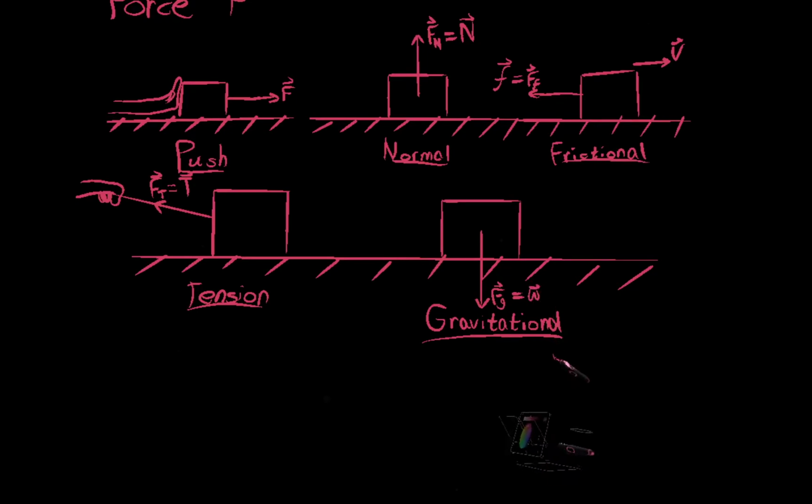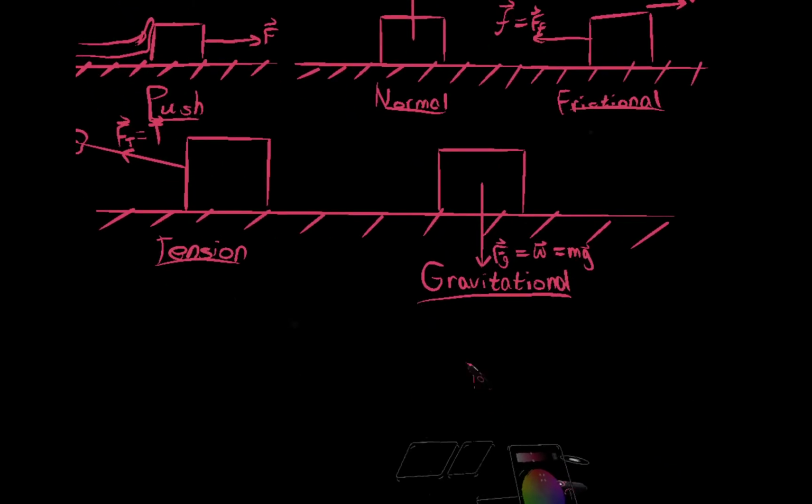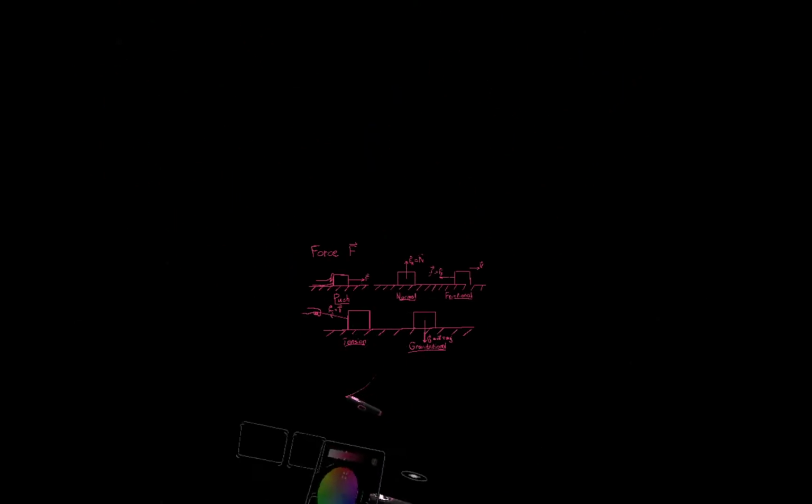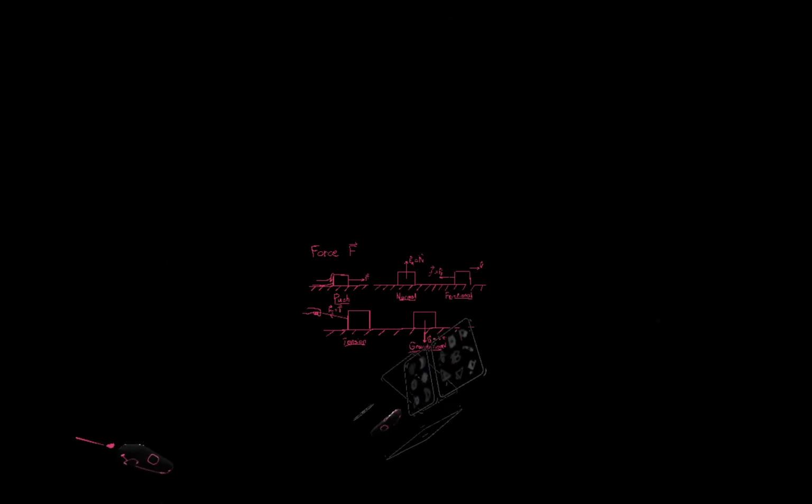That's seen in some textbooks, so W. Or you can write mg, which alludes to what we will cover in the future. All right, so these are 5 common forces. There are many other forces, but these are the common ones that you'll be working with here.